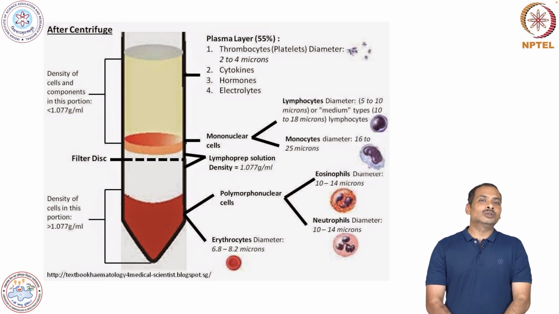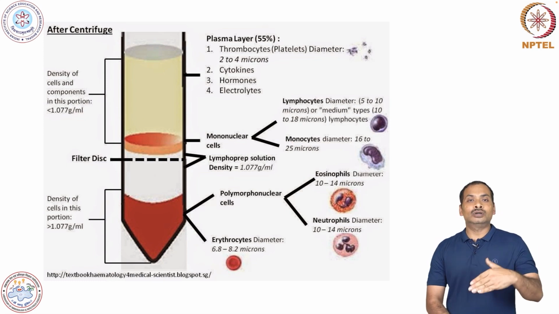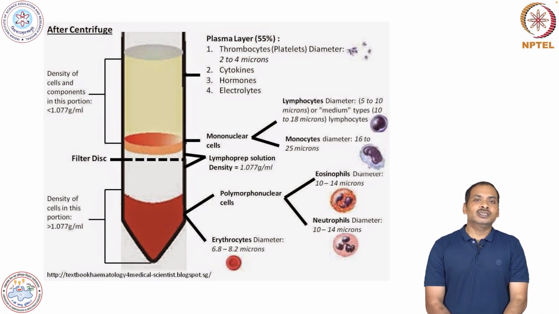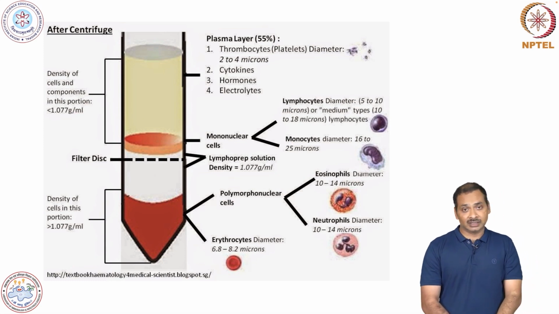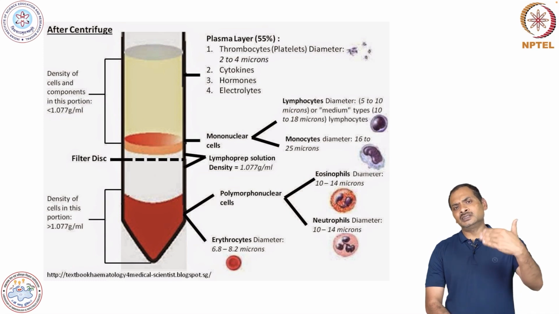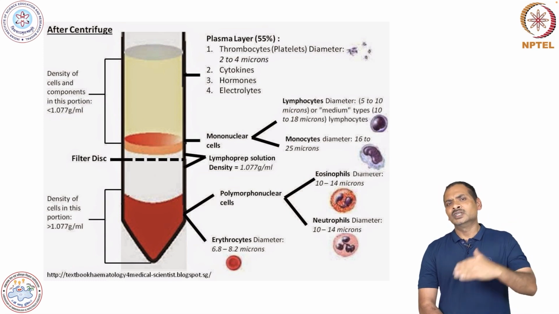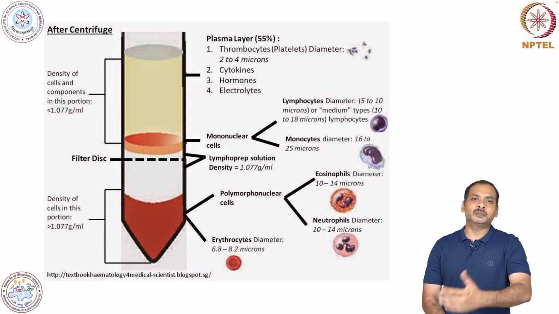Primary cells are derived directly from animal or human, and these are very easy primary cells, especially for performing all immunological studies. I think this is a very useful reagent, and it's very easy to isolate these cells and perform the experiment.